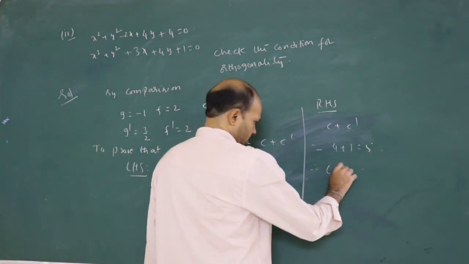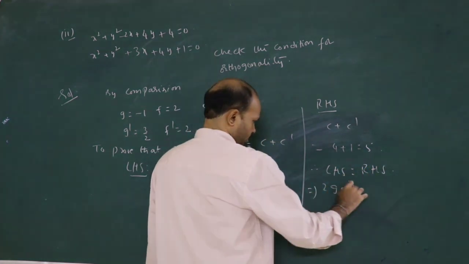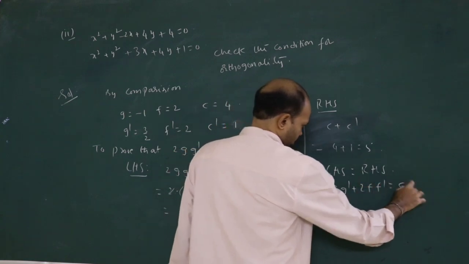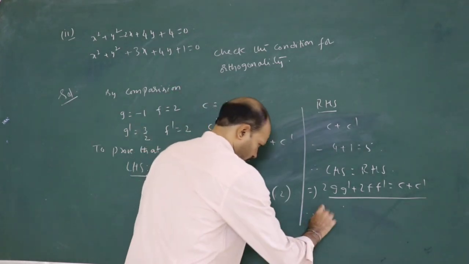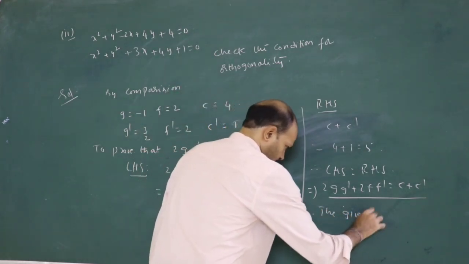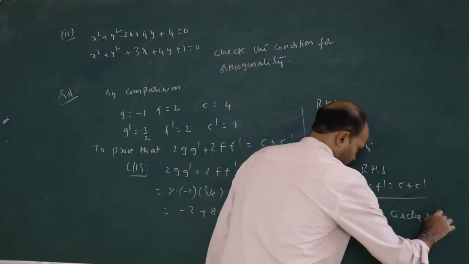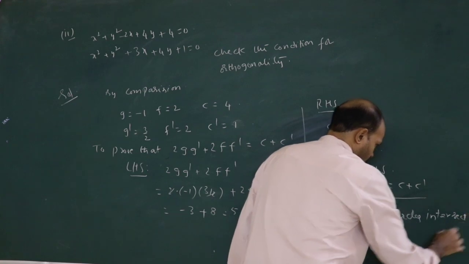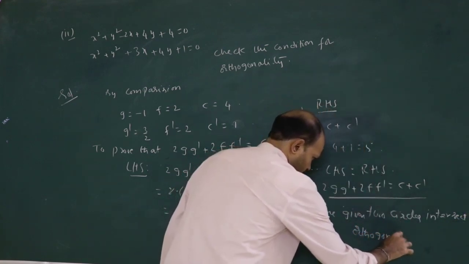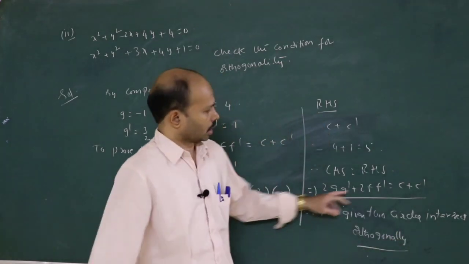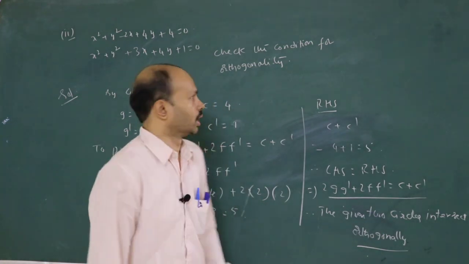Therefore, LHS is equal to RHS, which implies 2gg dash plus 2ff dash is equal to c plus c dash. Therefore, the given two circles intersect orthogonally. Suppose if these two are not equal, we say that the above two circles do not intersect orthogonally.